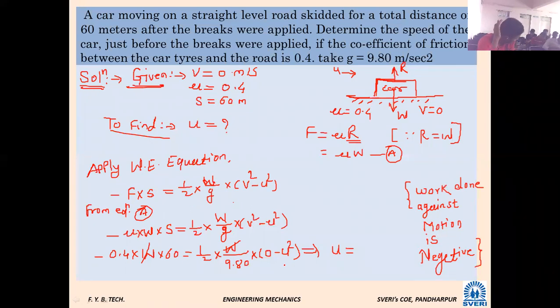U is 21.68, unit meters per second square.